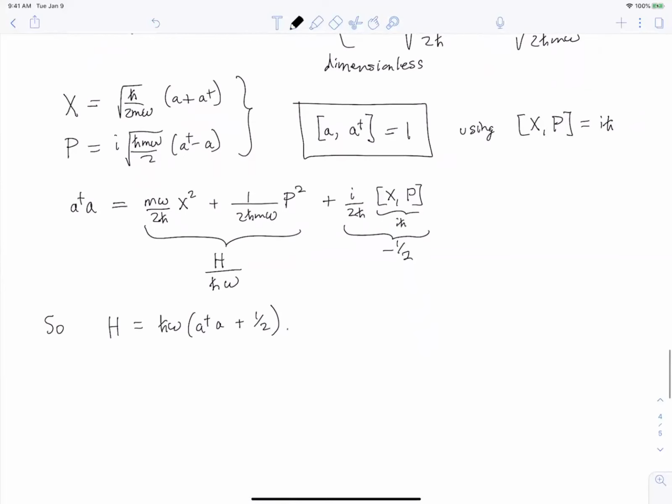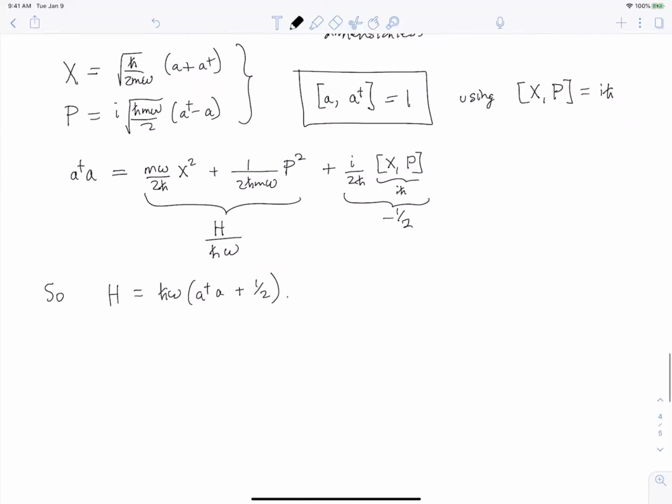So that's good. It means we've written the Hamiltonian in terms of our raising and lowering operators. And so now, again, a good thing to do is to know everything that you can about commutation relations of all your operators in your example.